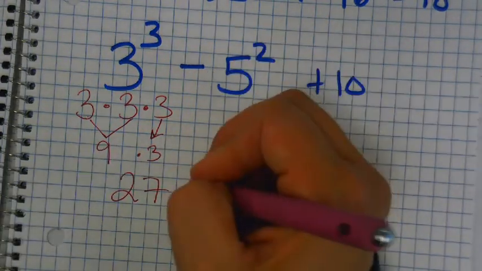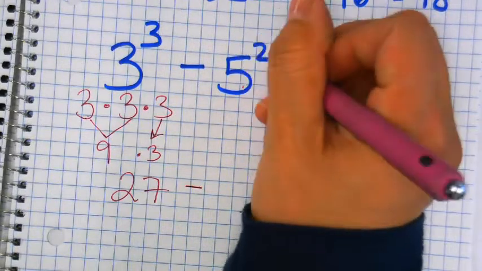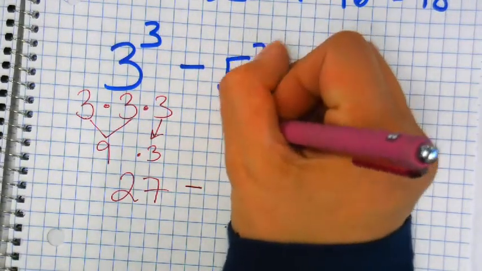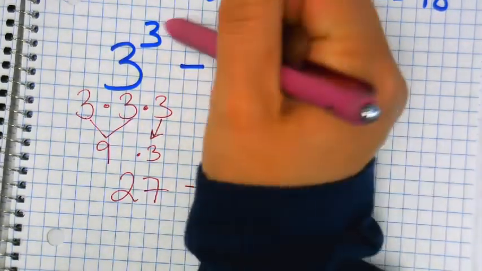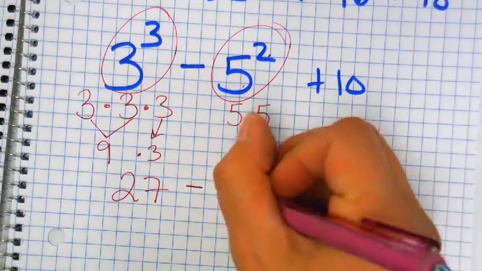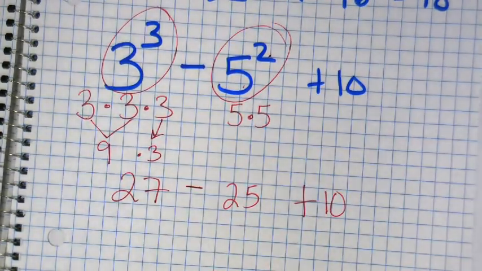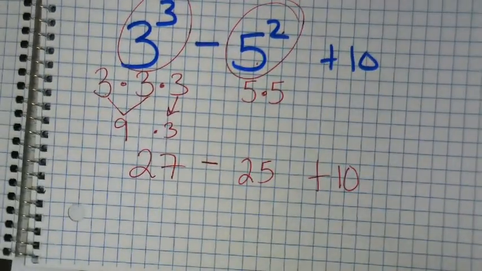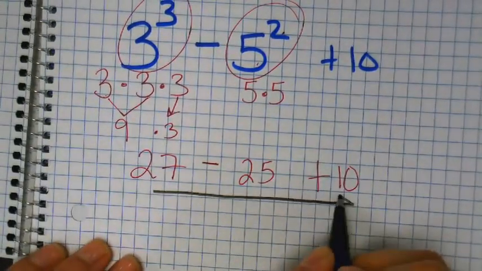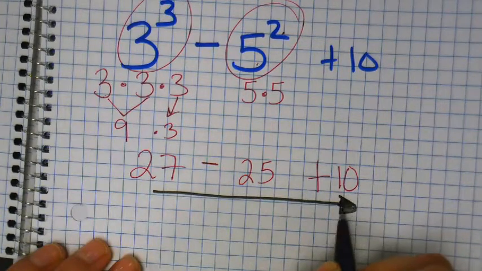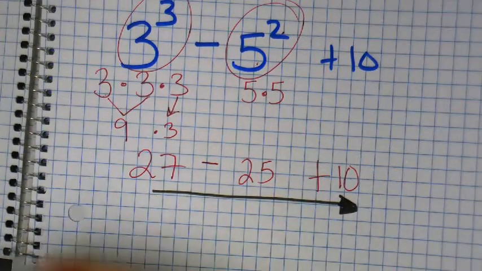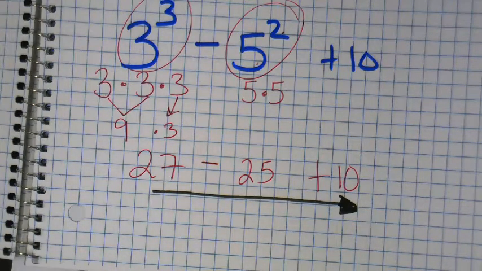All right, minus 5 to the power of 2 is 5 times 5. So that's 25 plus 10. So now that you have this problem, you're going to do it from left to right. What'd you guys get? Yep, good.